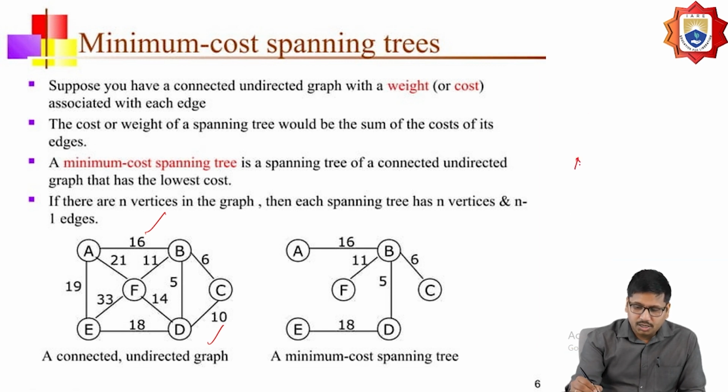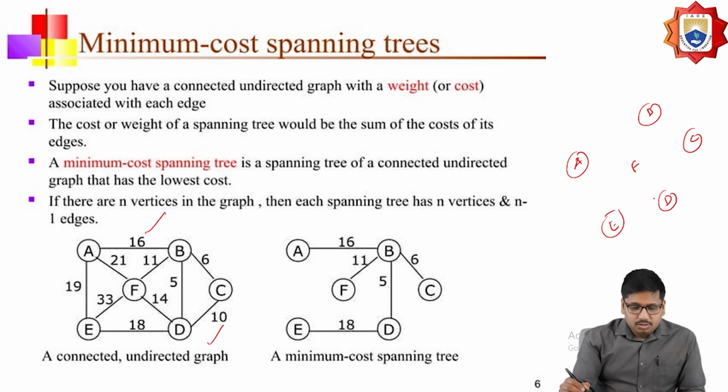So let us consider A, B, C, D, E, and F. Initially I'm going to select the minimum weight costs according to some particular algorithm. Among all of these, 5 is the minimum, so I'm going to select 5 first.